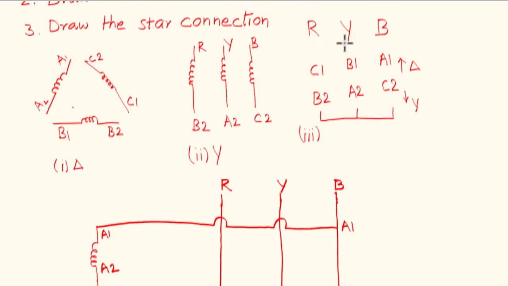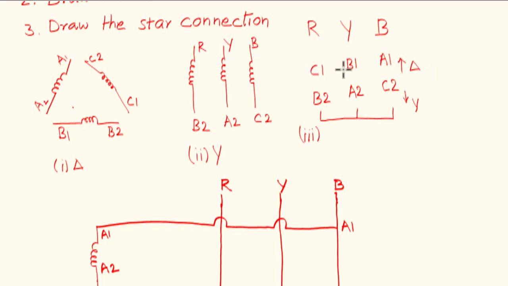It can be observed here, these are the R, Y, B. C1, B1, A1 are connected to the RYB always. For that winding, if C2, A2, B2 are connected respectively to C1, B1, A1 like this, then a delta connection will be formed.